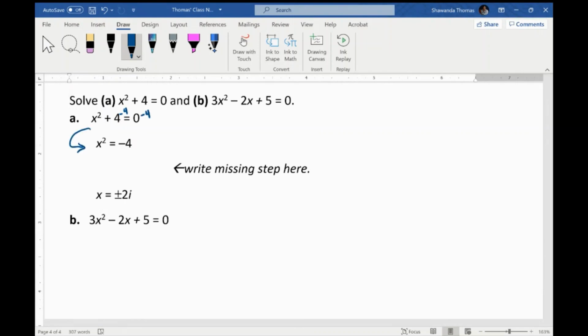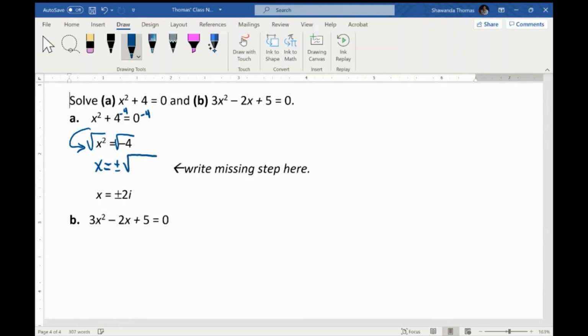x squared equals -4. But we haven't solved for x just yet because it's x squared. What will be the next step? You square root both sides. Yeah, square root it. That's how you're going to get the x equals plus minus.